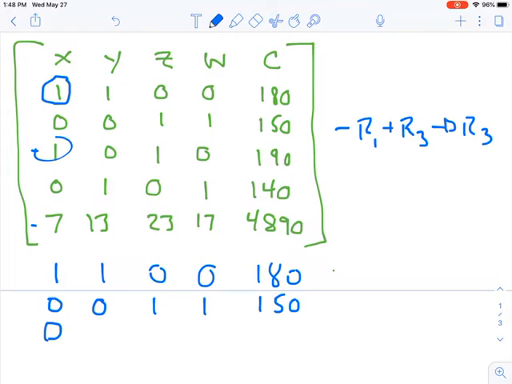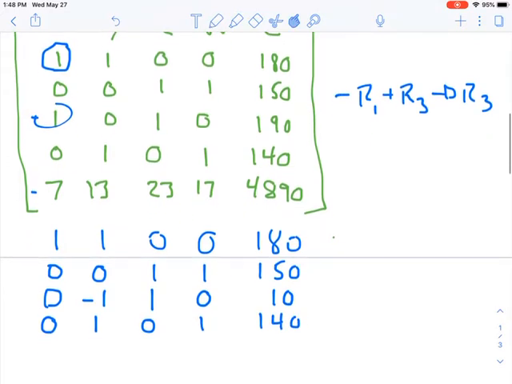In the second column, negative 1 plus 0 is negative 1. In the third column, negative 0 is 0 plus 1 is 1, and then 0 plus 0 is 0. And then negative 180 plus 190 would be 10. The next row is not going to change. Row 4 stays 0, 1, 0, 1, 140.